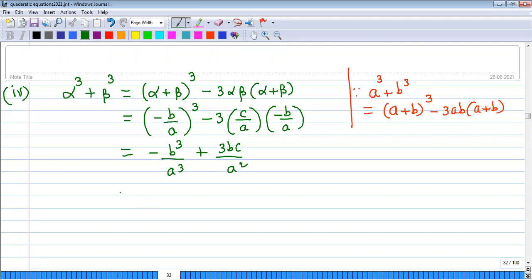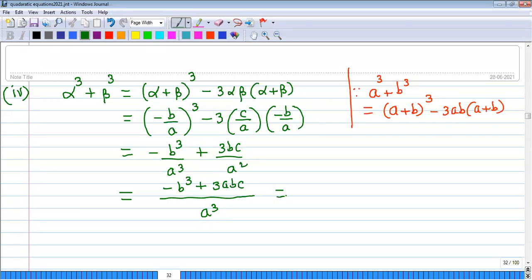If you take the LCM here for a cube and a square, a cube is the LCM. A cube divided by a cube is 1. So that means 1 into minus b cube plus a cube divided by a square is a, into 3bc is 3abc.